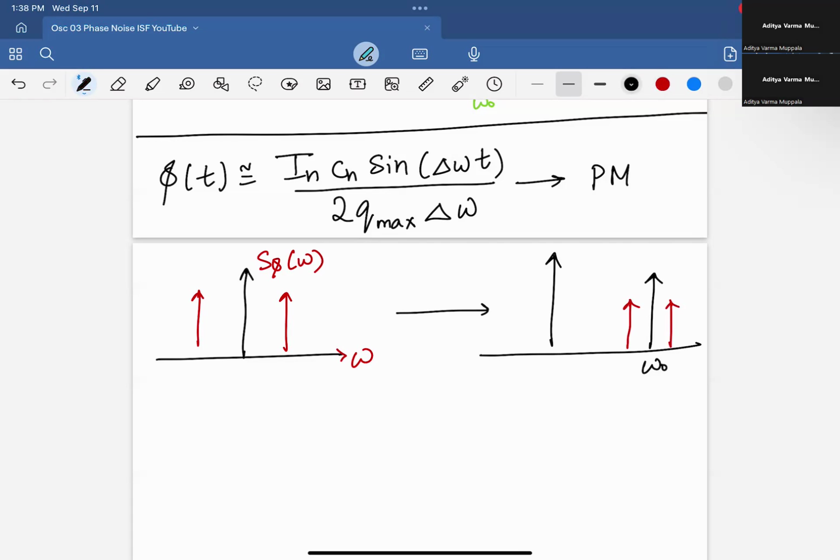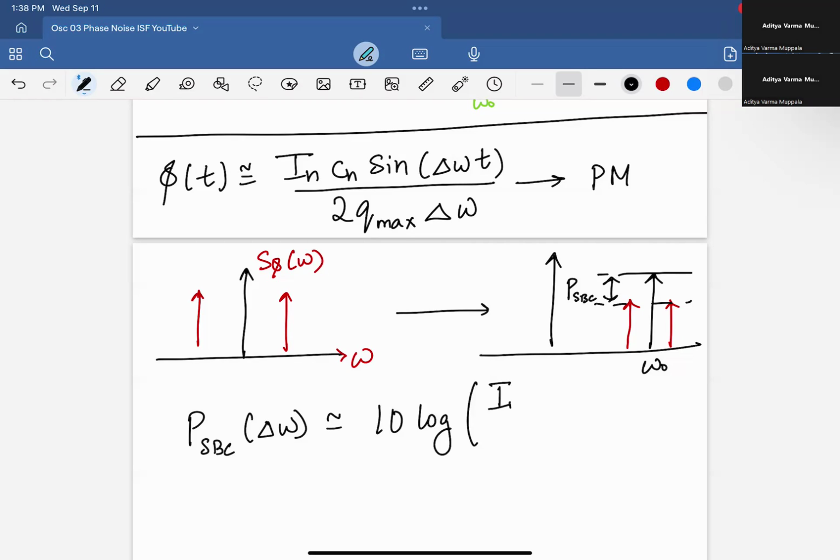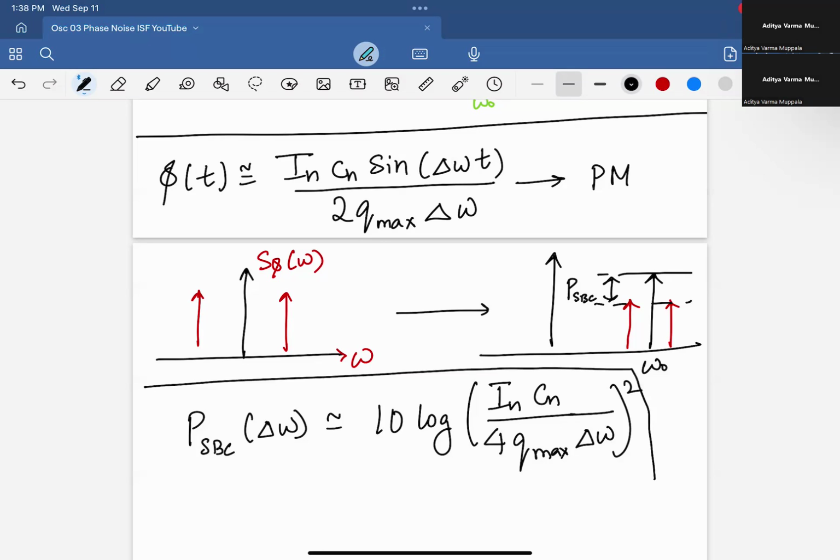Using basic phase modulation calculations, you can show that the sideband power with respect to carrier, SBC of delta omega, is approximately equal to 10 log of In Cn over 4 q max delta omega, squared. This is an important relationship.